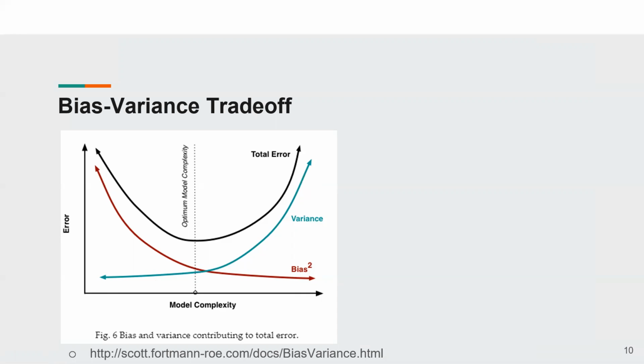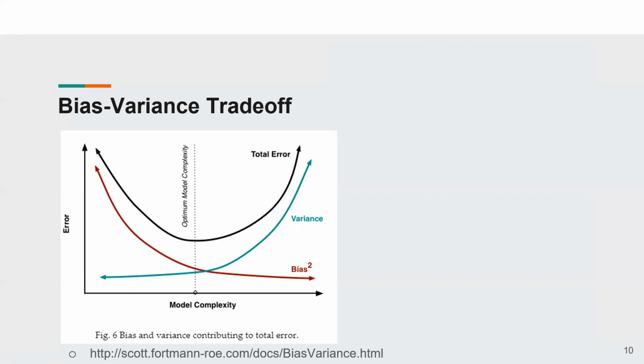For our model, what we're after is decreasing the total error. The total error is the bias plus variance. So we're trying to figure out the optimum model complexity that helps us find the minimum of this total error. Of course, here we didn't include the irreducible error because there's nothing you can do about it. From the modeling perspective, we can only try to control bias and variance.